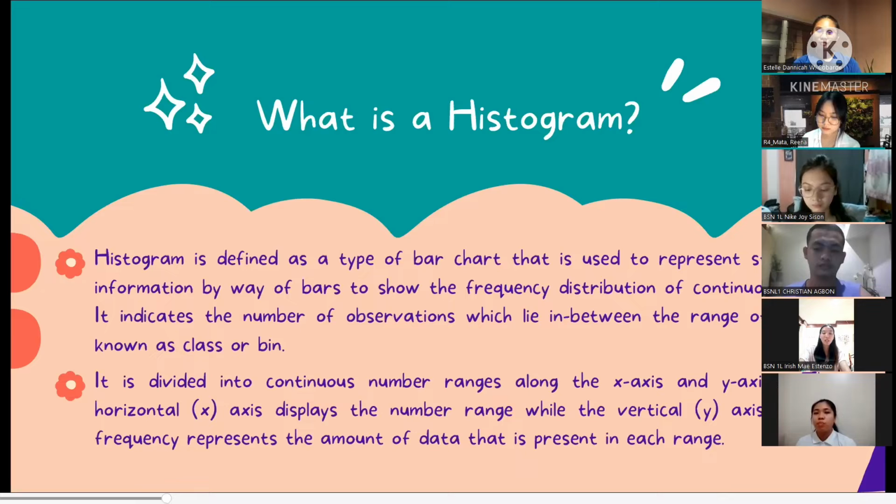It is divided into a continuous number range along the x-axis and y-axis. The horizontal or the x-axis displays the number range, while the vertical or the y-axis frequency represents the amount of data that is present in each range.